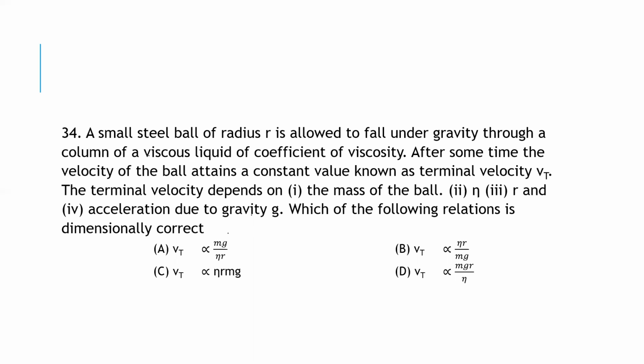And here the terminal velocity depends on some of the factors they have given, that is mass of the ball, then coefficient of viscosity eta, then radius r, acceleration due to gravity g. Which of the following relations is dimensionally correct?